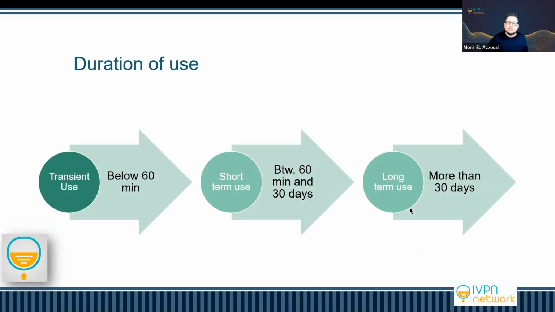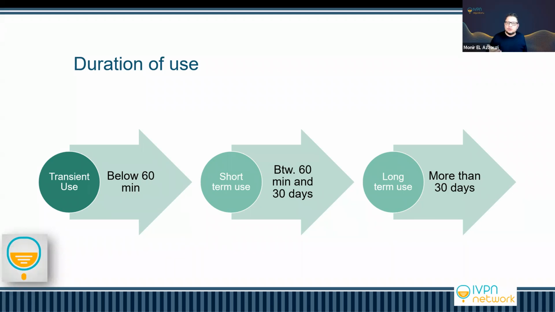So the duration of use is really important. It's why I wanted to be a bit more precise here. The duration of use is mainly how many times this device will be used, but it's cumulative. What does it mean? Normally you have transient use. It's written as transient use in the rules, and it's below 60 minutes.